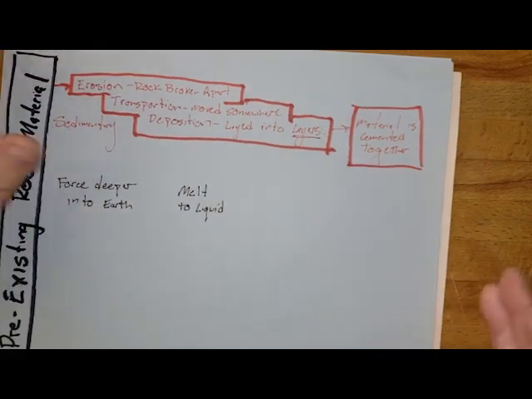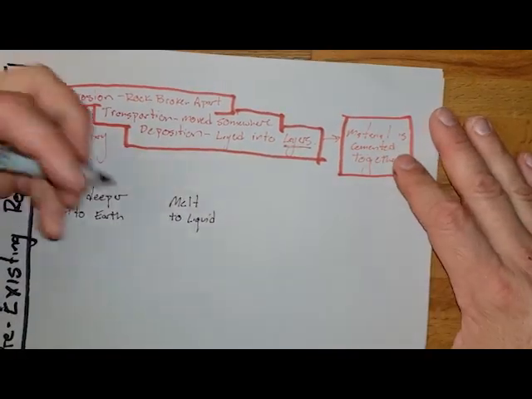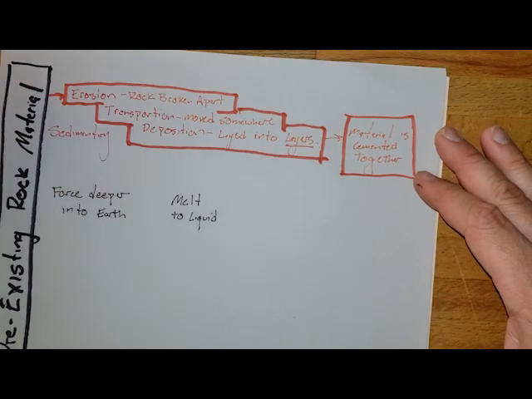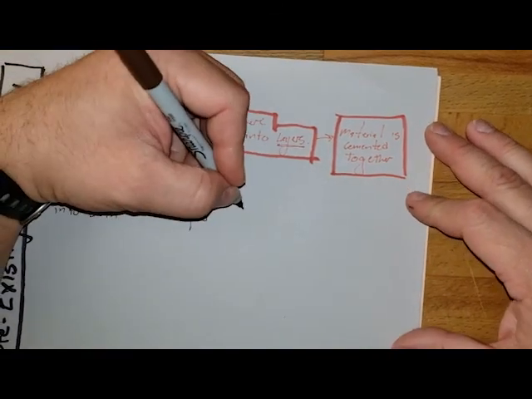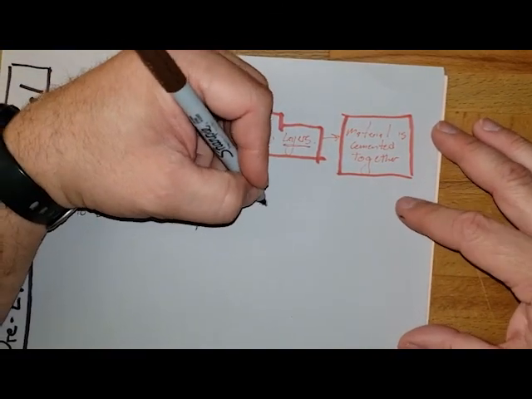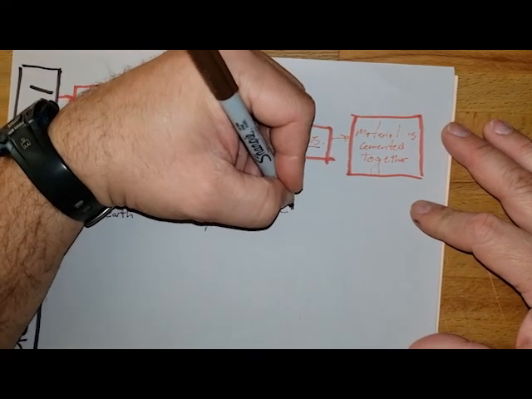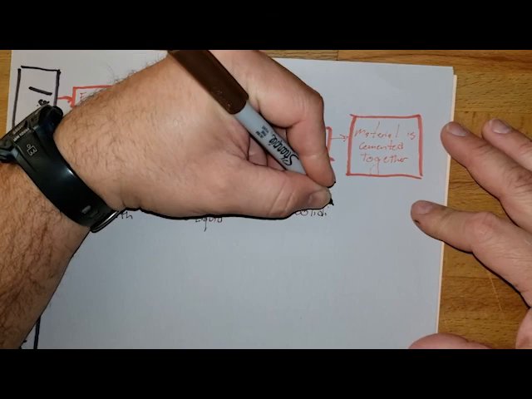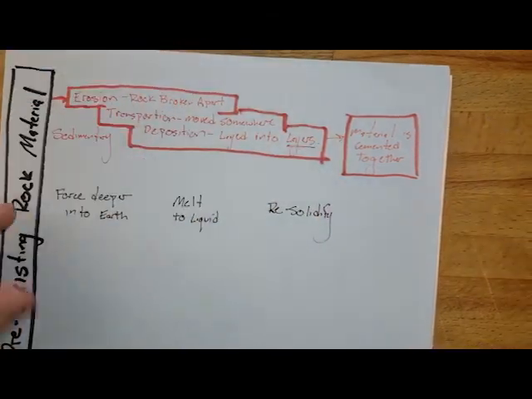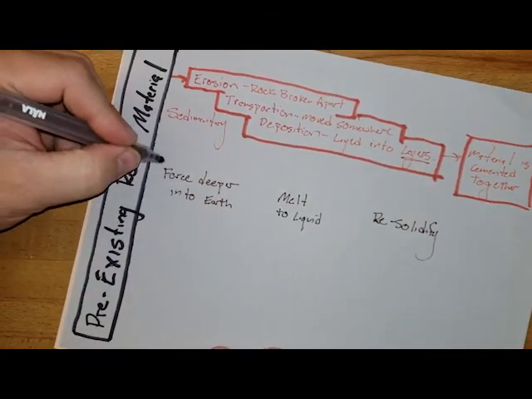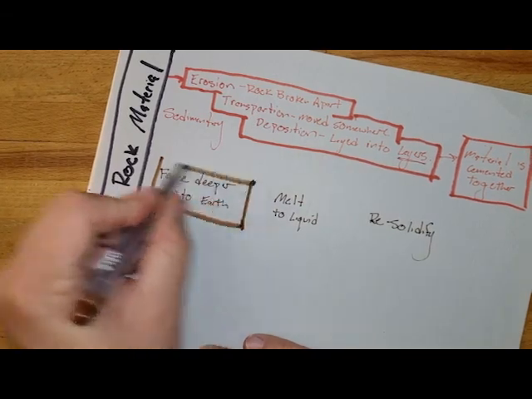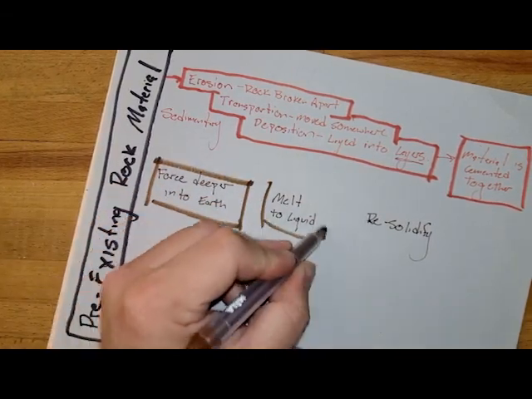And then somewhere in the surface of the earth, usually it's forced to come a little bit higher, that material is going to re-solidify. Those are the processes that we go through for what we call our igneous rock.